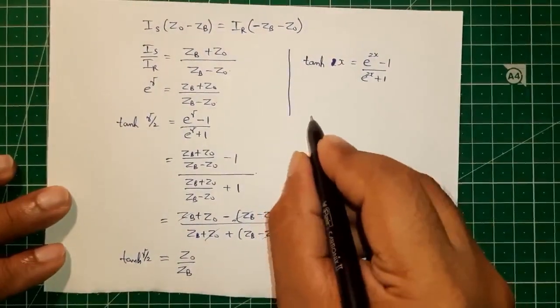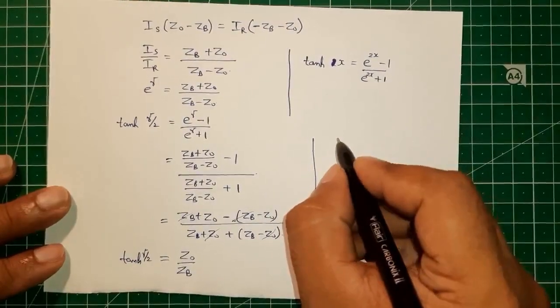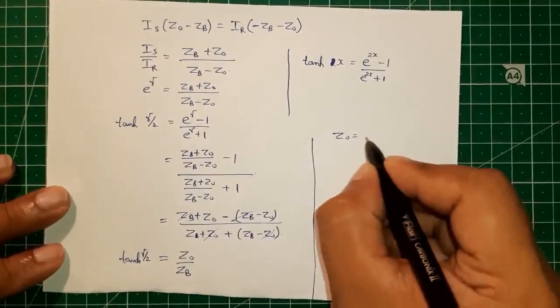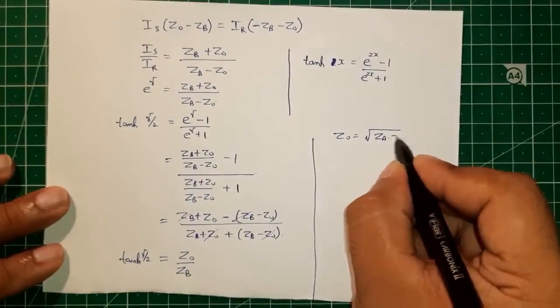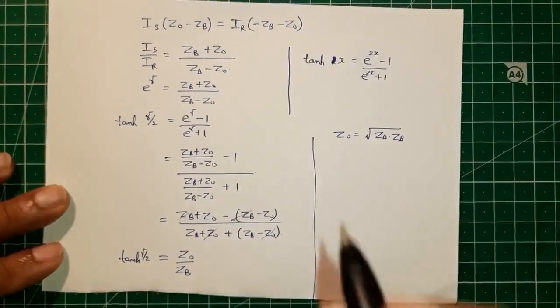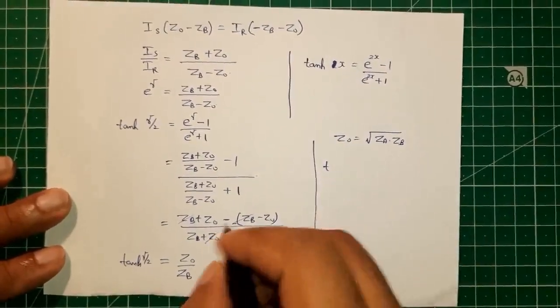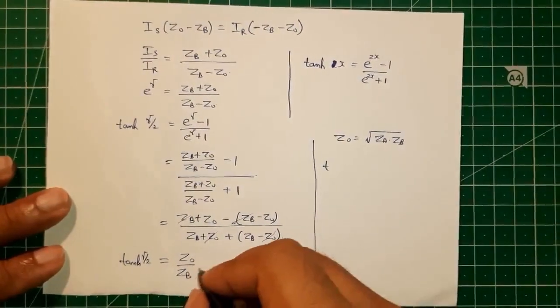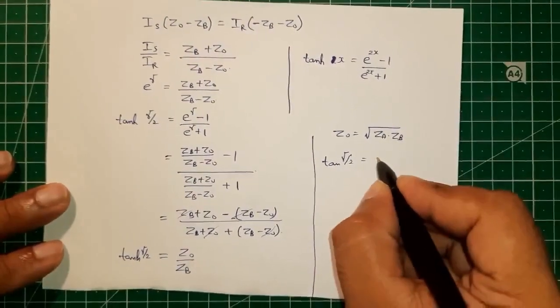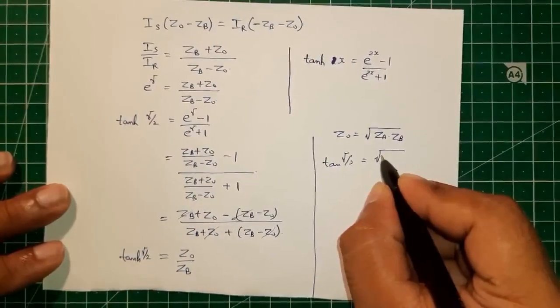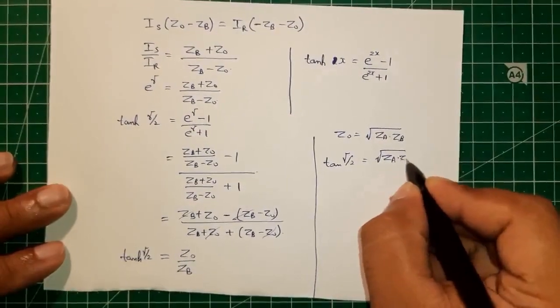And for the lattice network we have already seen that Z0 is equal to square root of ZA and ZB. So bringing this into the equation, tan h gamma by 2 is equal to Z0 by ZB, where Z0 is root of ZA into ZB.